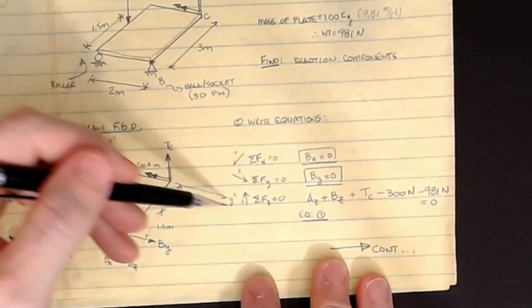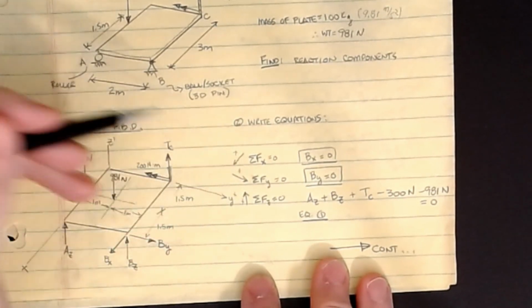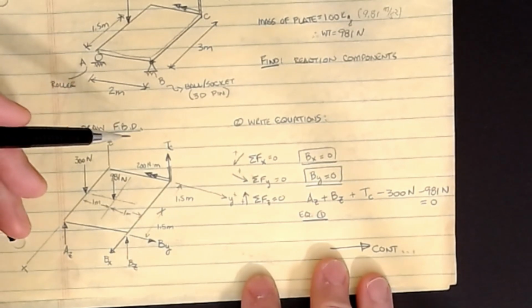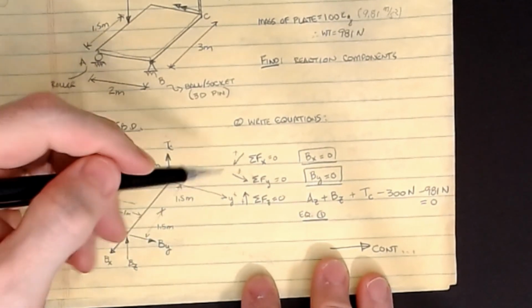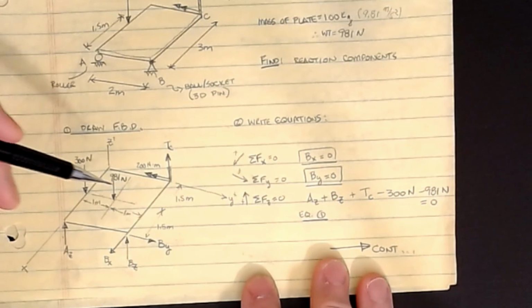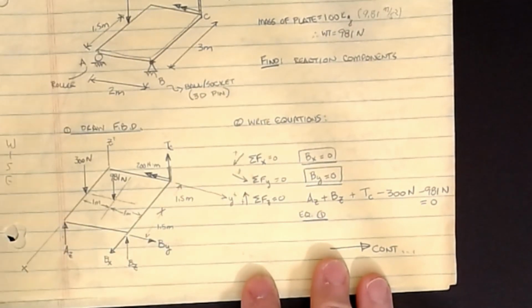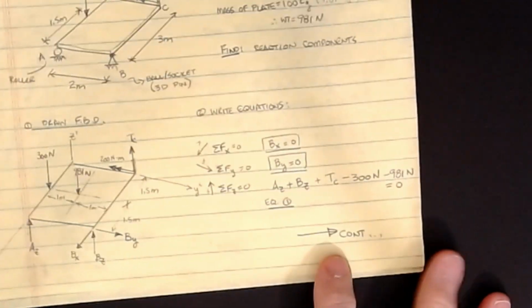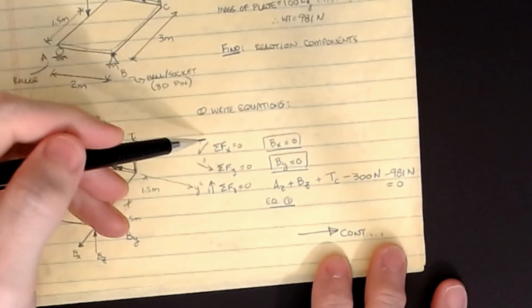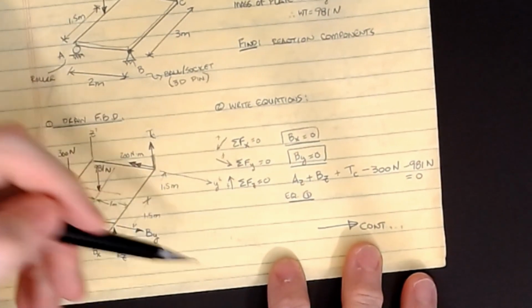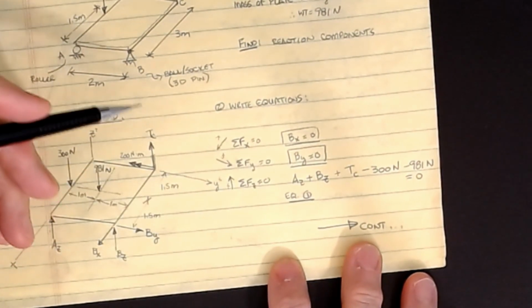Now I'm going to go in the positive y direction, so kind of down and to the right on the paper. You can see this arrow matches that direction. And the only thing in the y direction that we have on there is BY, so BY is also 0. So 2 of them done, but we've used 2 of our equations. Remember, we only have 6 equations total. I've got the 3 forces and the 3 moments that we'll do on the next page.